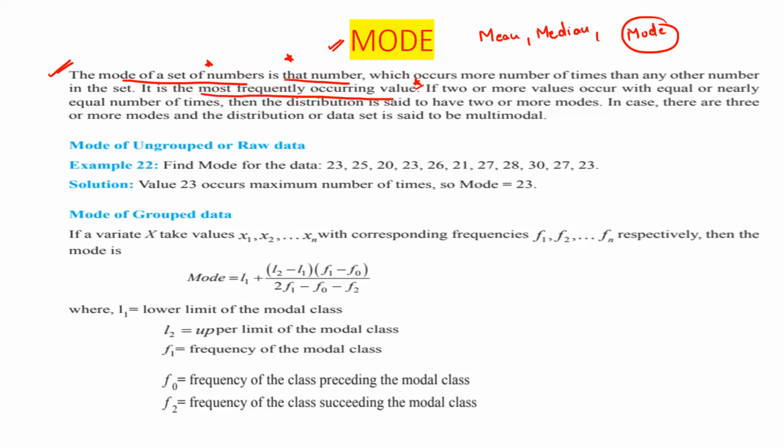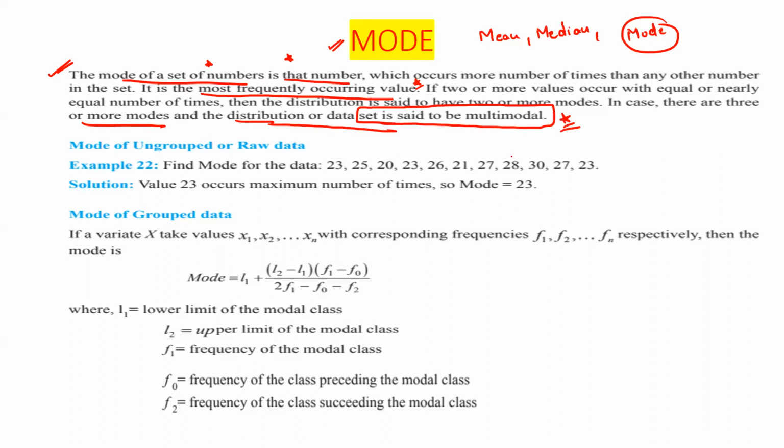In case there are three or more modes, the distribution or data set is said to be multimodal. So that is the overall discussion regarding the mode.